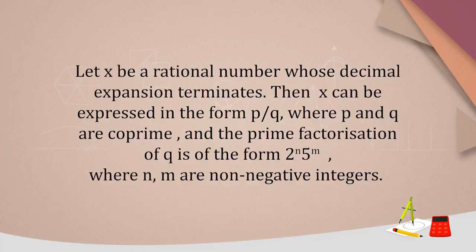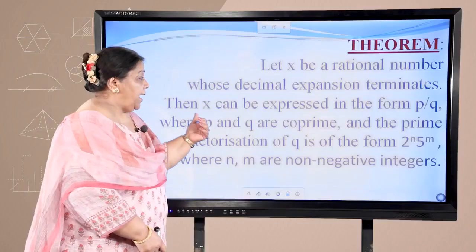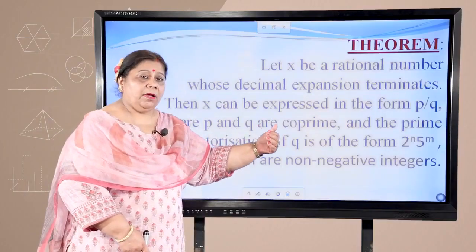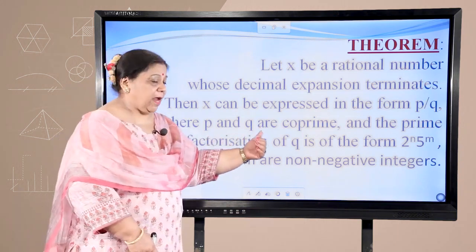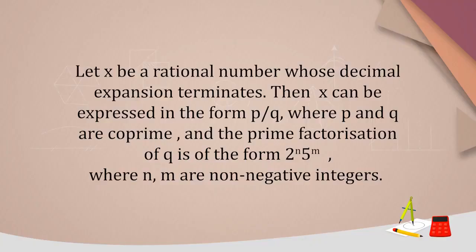Let x be a rational number whose decimal expansion terminates. Then x can be expressed in the form p upon q, where p and q are co-prime, and the prime factorization of q is of the form 2 to the power n into 5 to the power m, where n and m are non-negative integers.